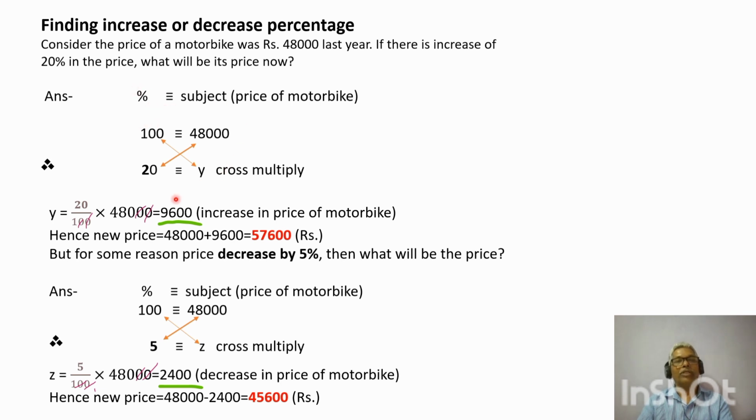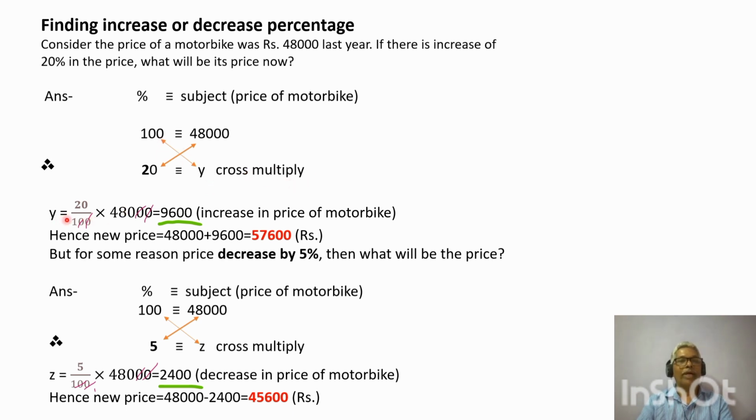If you use this format, all the problems will be easy. So instead of doing it directly like this, use this. Okay, so percentage is 100% and 48,000 rupees as given here. Then 20% as given here is y. Need to find y. Cross multiply.